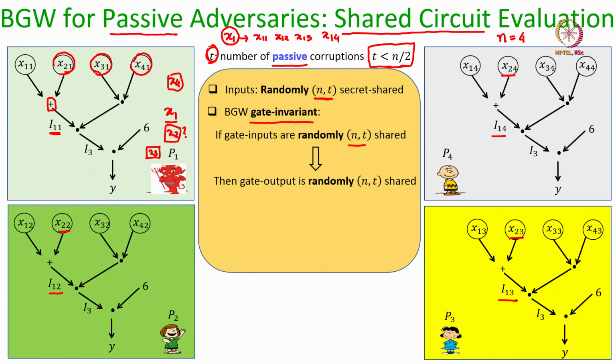In the same way, the gate invariant will be maintained for the next gate, namely for this multiplication gate.